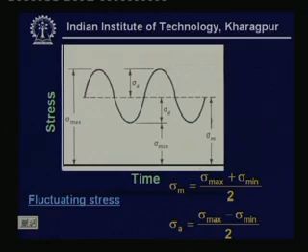Here you can see that the load onto a machine member has been plotted in a sinusoidal manner for different times, where this axis is a stress axis and this is a time axis. That means how the load onto the material is changing.